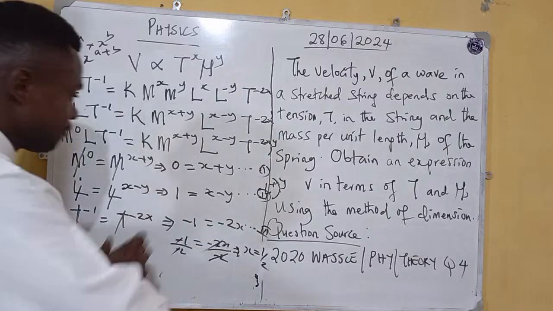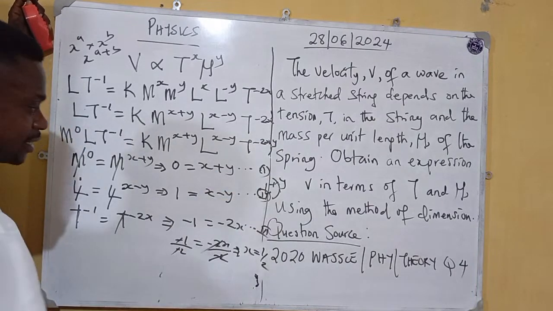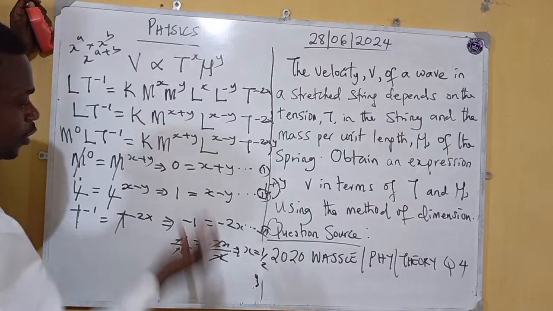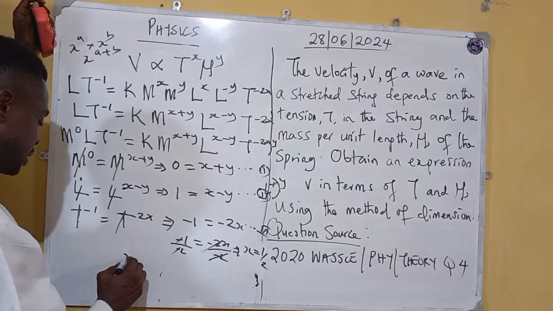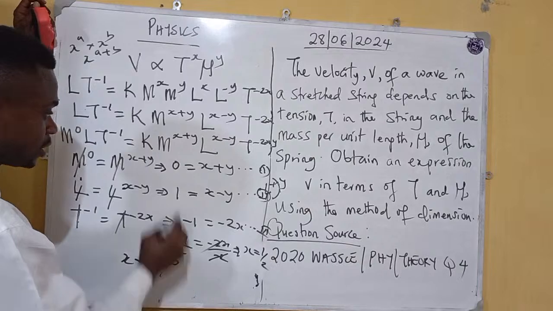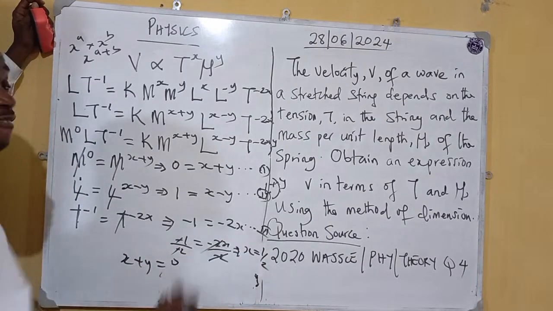If x is half, from equation 1, any of them can help out. We can get the value of y from any of them, but let's solve from equation 1. From equation 1, remember that x plus y is equal to 0. But x is already half, so we substitute half for x.